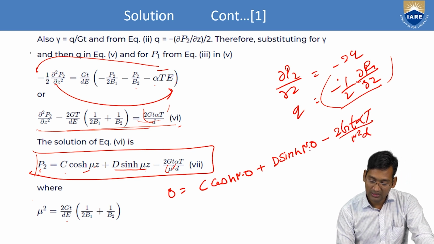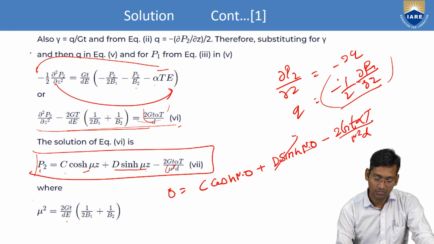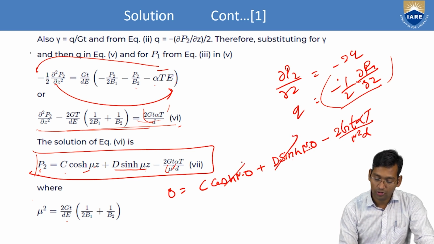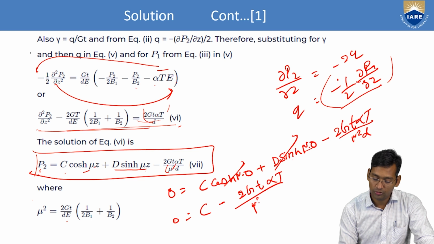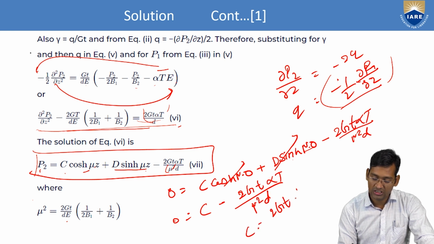Now when this is multiplied by 0, sinh 0 is 0, so this term will be 0. Cosh 0 is 1, so c. So c minus 0 equals c minus 2 gt alpha t by mu square d. So from here we can say c equals 2 gt alpha t by mu square d.